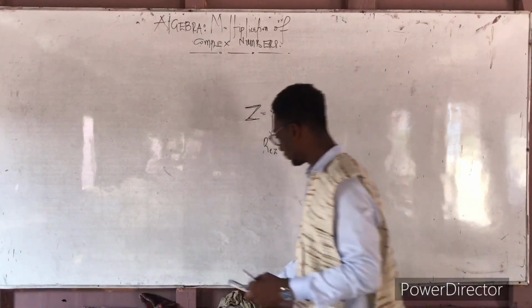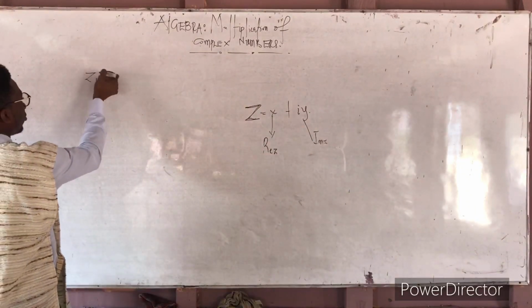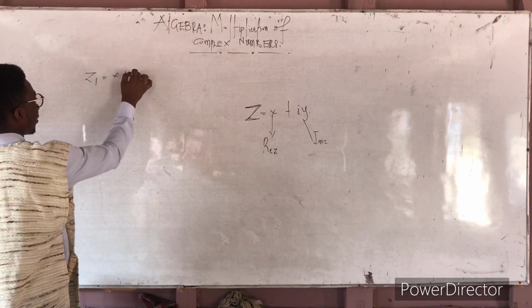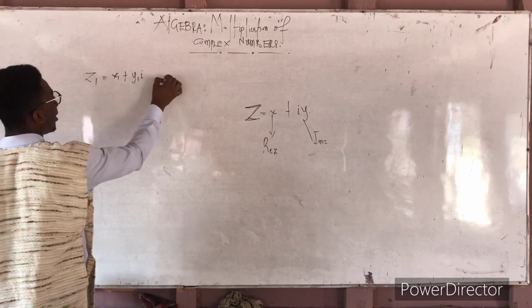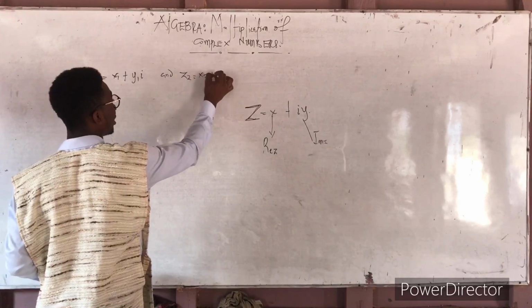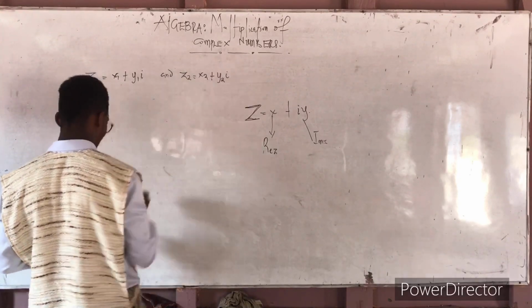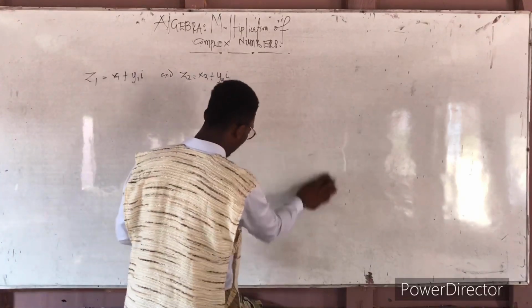So let's say I have Z1 equal to X1 plus Y1 i, and Z2 is equal to X2 plus Y2 i. Then how do I multiply these two complex numbers?